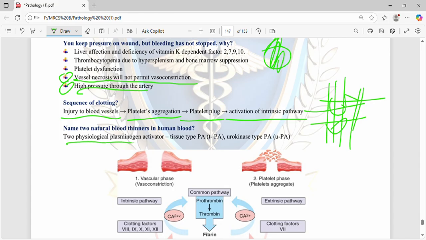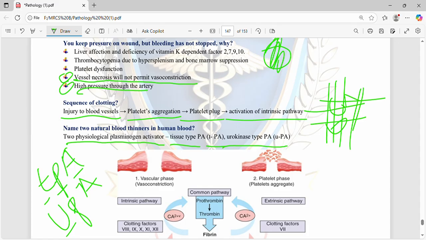Two physiological plasminogen activators: one is tissue-type plasminogen activator, tPA, and one is urokinase-type plasminogen activator, uPA.